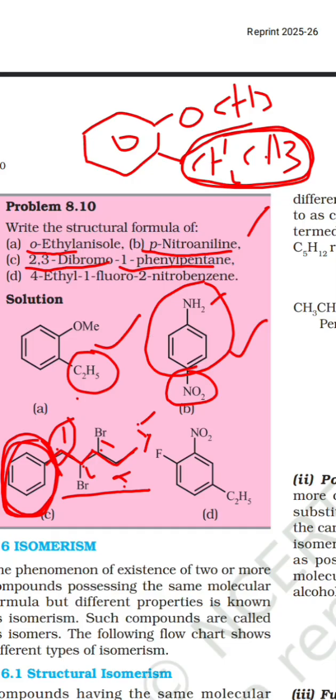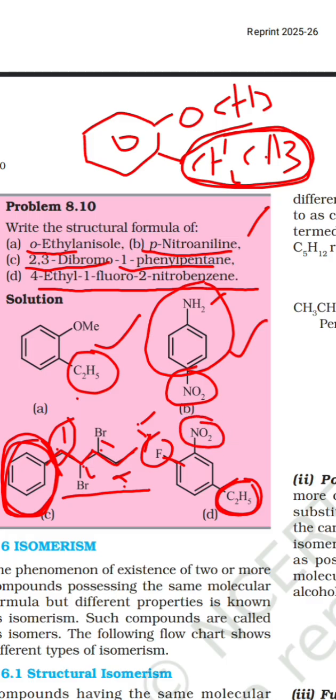Okay, and D, what is 4 ethyl 1 fluoro 2 nitro benzene. That means just write the benzene ring and write fluoro here. To this fluoro, the fourth position is this one, the para position, write the ethyl group C2H5, and at the second position write the nitro group.